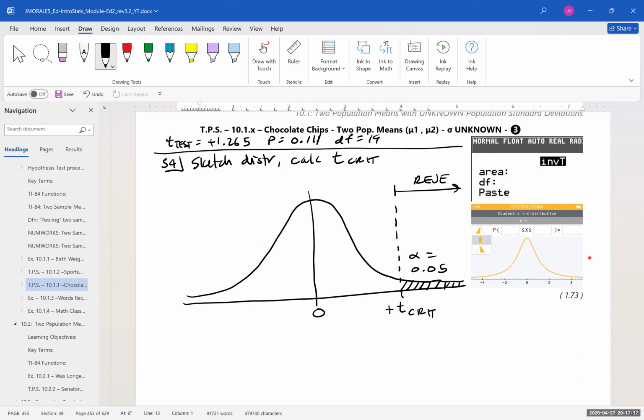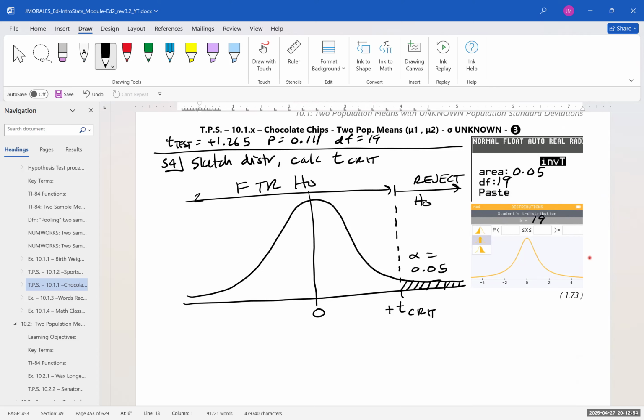The region over the tail, over the significance level, is reject the null. The other region is the fail to reject the null. Okay, we're going to have an area of 0.05 with 19 degrees of freedom.